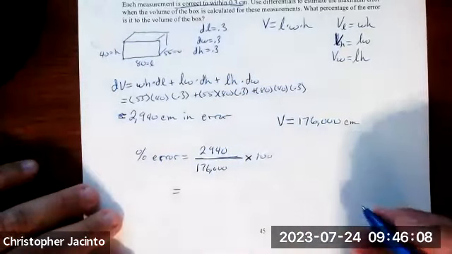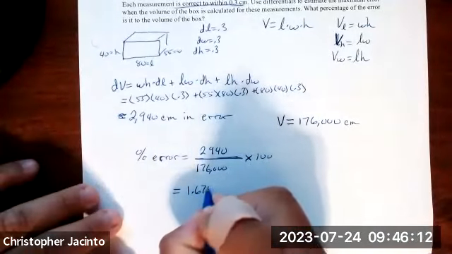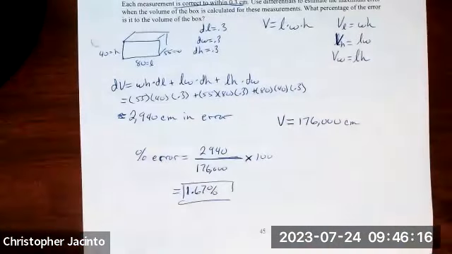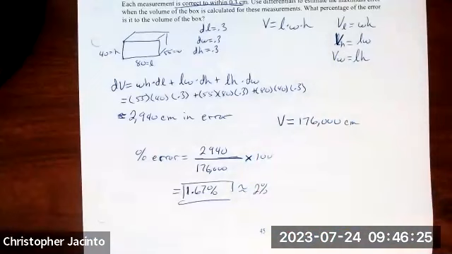So then dividing and multiplying by 100, because we're in percentage, gives us 1.67%. So in the grand scheme of things, that's actually not that bad, right? So this is approximately a 2% error overall, which is pretty good.